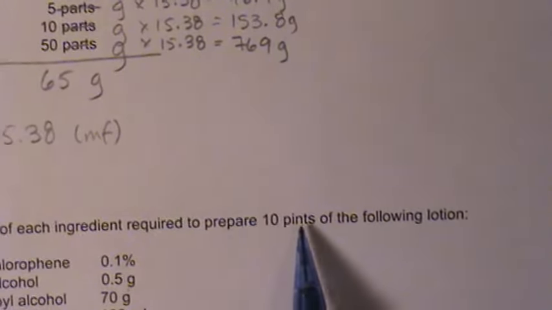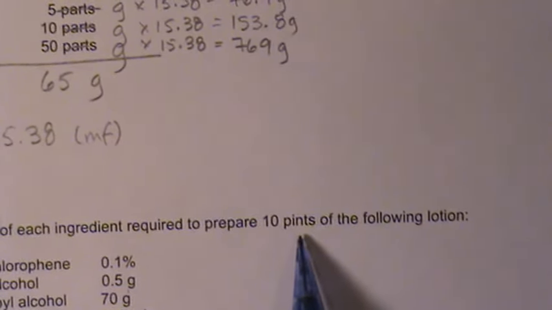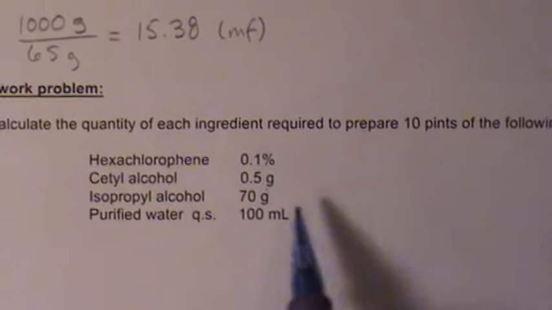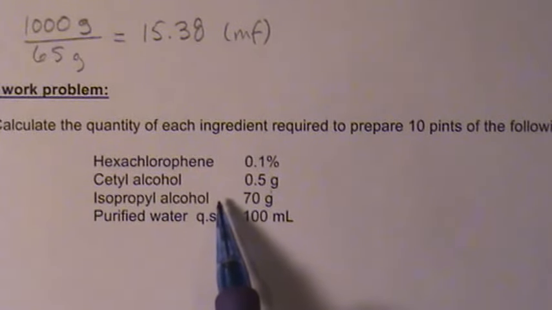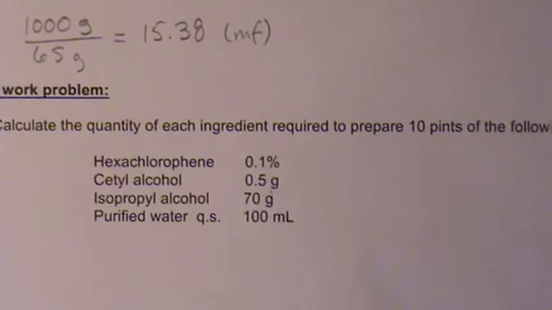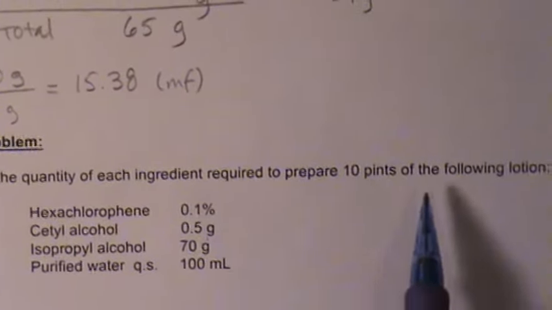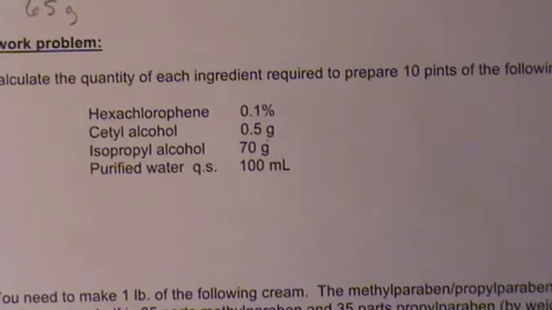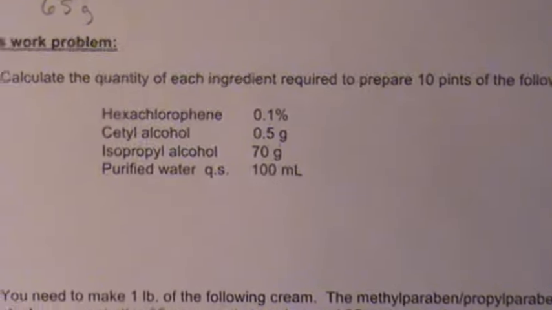And of course, you're going to need to convert that 10 pints to metric, right? That seems a bit obvious. So you're going to have to figure out how much hexachlorophene you need to make a 0.1% solution if it's 10 pints. Okay, that should make sense. If it doesn't, we're going to go over that.